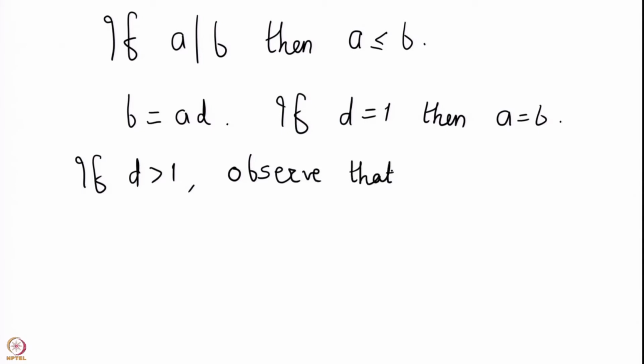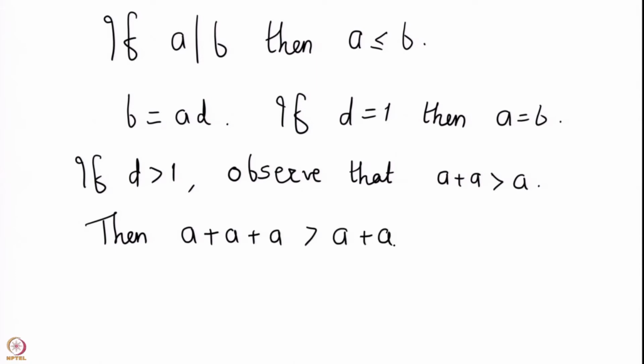that first of all A plus A is bigger than A, right. If I have a natural number A and I add the natural number to itself, I get something which is bigger than that, and then inductively I get A, I am adding A to both these sides, and we know that the addition respects the bigger than sign or the less than sign.